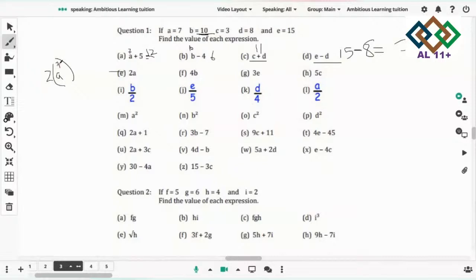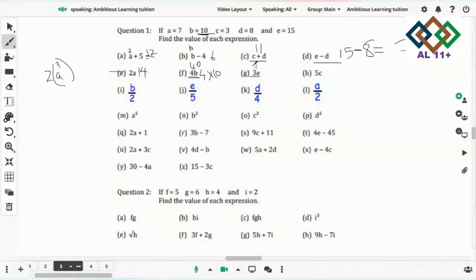So basically you are multiplying 2 by 7, and that's 14. So you have 4b. It means that you are multiplying it by 10. And your answer for this one would be 40.